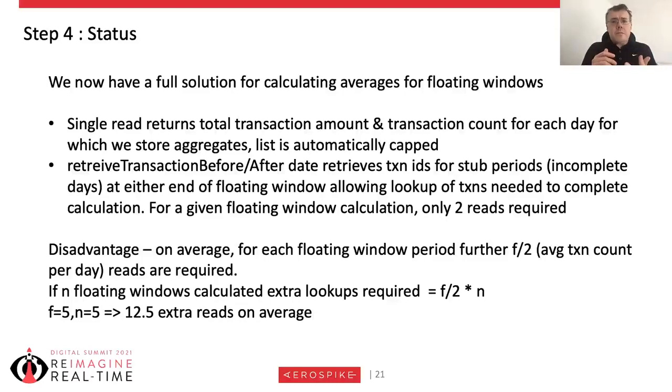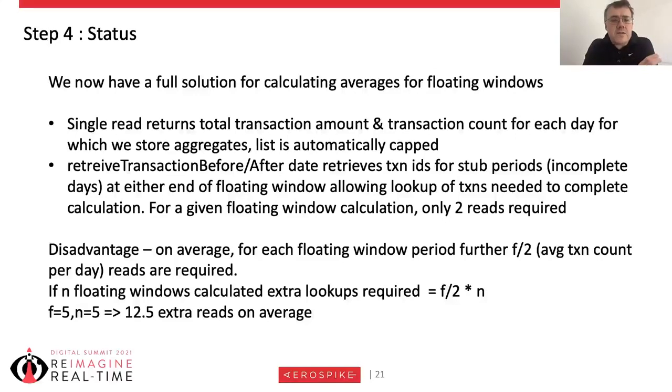Okay, so to put these different pieces together: calculating averages associated with floating windows, for the most part, we can get the data we need from the single master record that we discussed in step 2, but that doesn't get us to pinpoint accuracy.